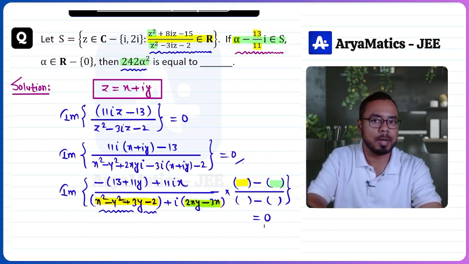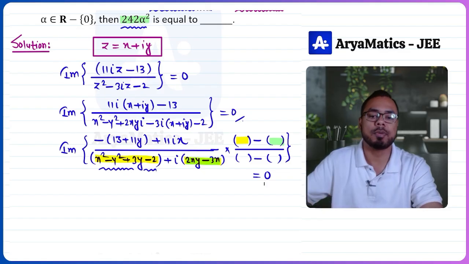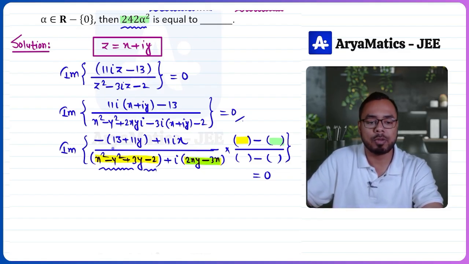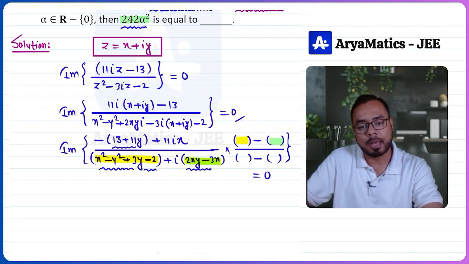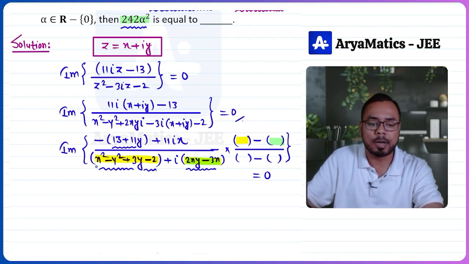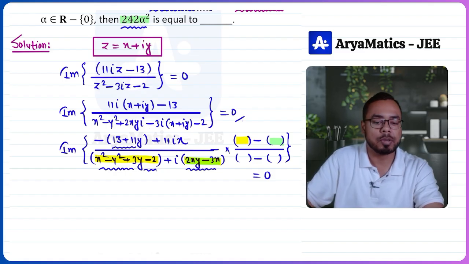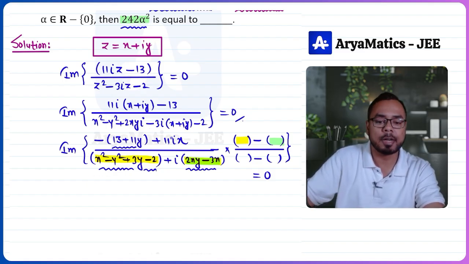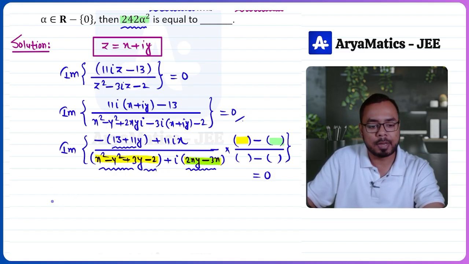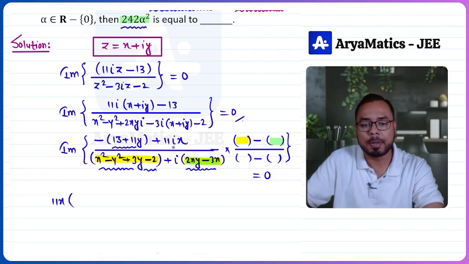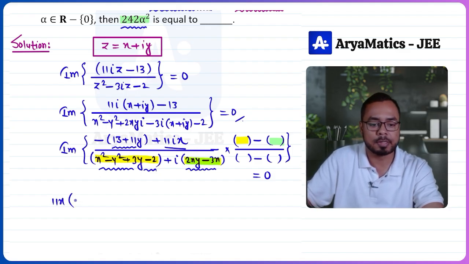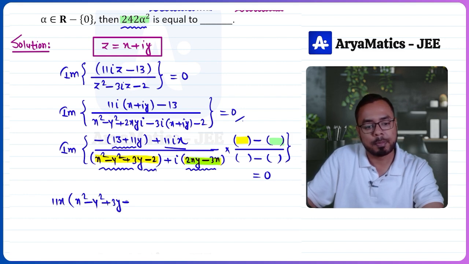Now, if I equate the imaginary part to 0, directly you can see that imaginary part you will get when you multiply this real with this imaginary part, as well as when you multiply this iota term with this real part. So here the imaginary part will be 11x into, if I multiply 11x with this one, x square minus y square plus 3y plus 2.